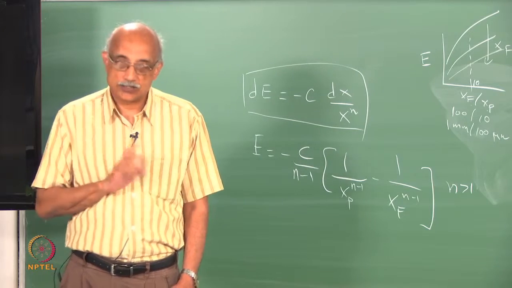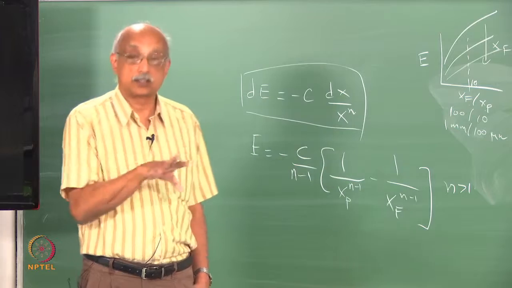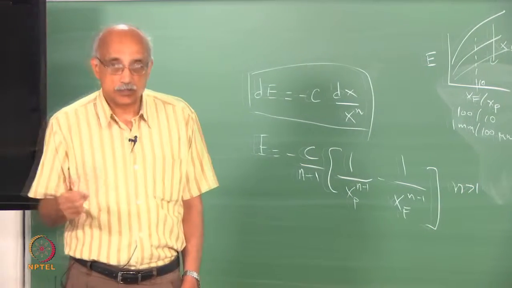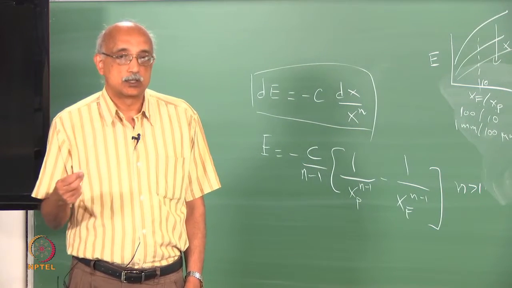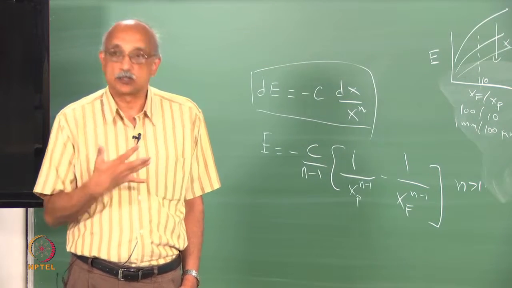The only size reduction technique where you can try to avoid the penalty you pay in terms of increased energy input to get more surface is one that is based on an acoustic field.